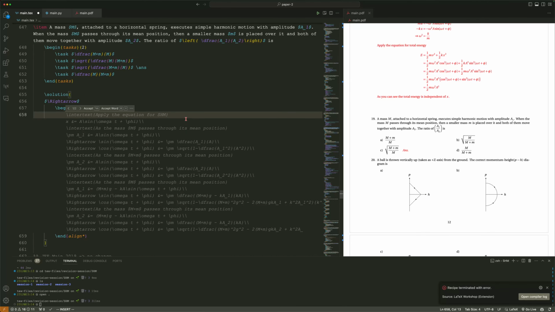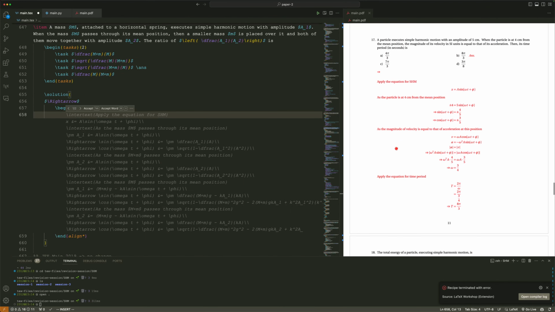How do I calculate the ratio? Yeah, I think in the previous question we already solved for the omega, right? So we can use that equation.